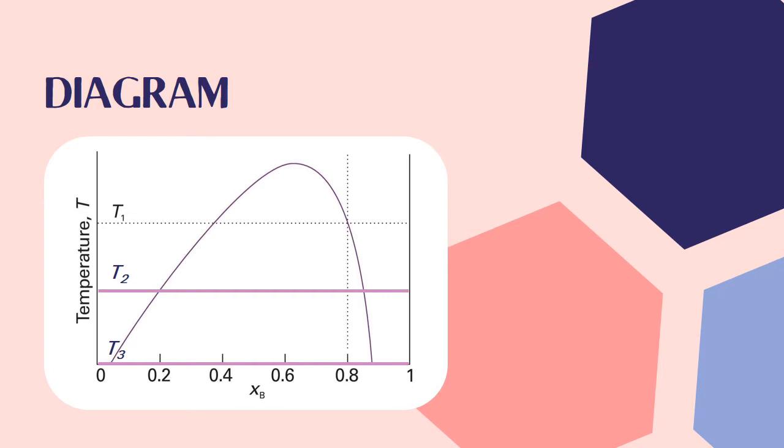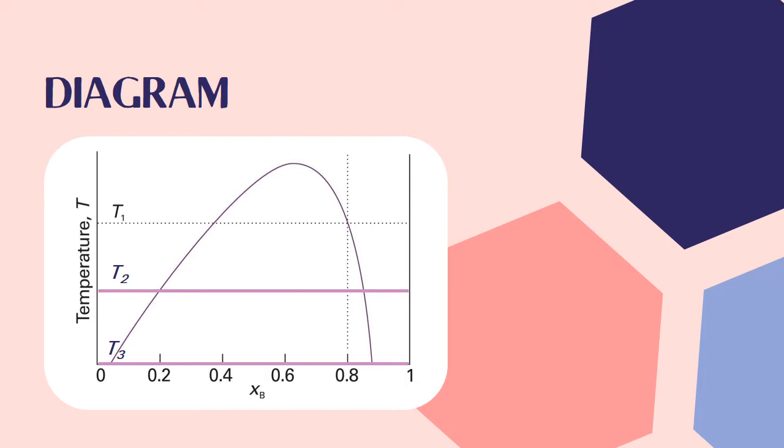In this liquid-liquid phase diagram, the area bounded by the curve and the x-axis is where we'll find a two-phase system in equilibrium, and the rest of the area is where we'll find a single phase system. This is where the two components are completely miscible with each other.